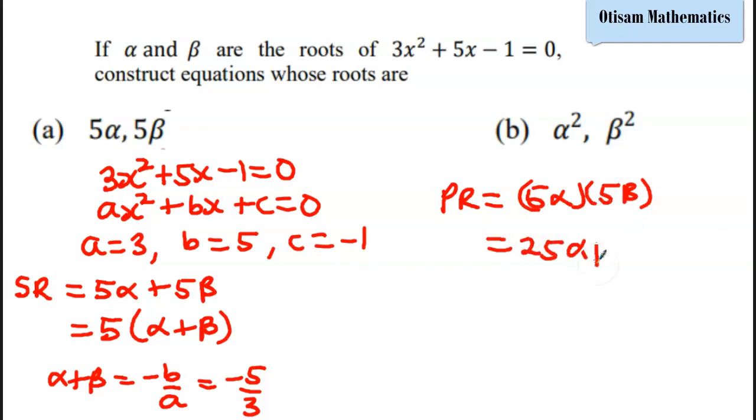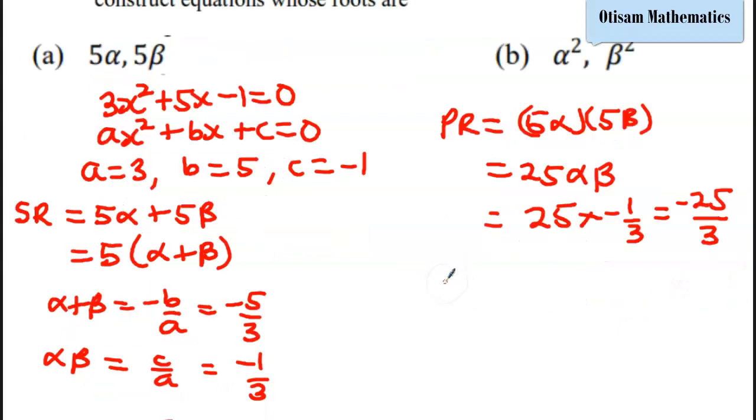Then we have alpha beta. So alpha beta is minus 1 on 3. So 25 times minus 1 on 3, which is minus 25 over 3.